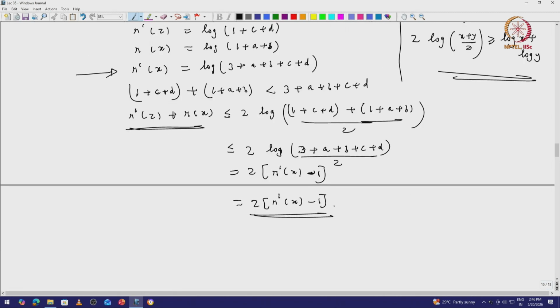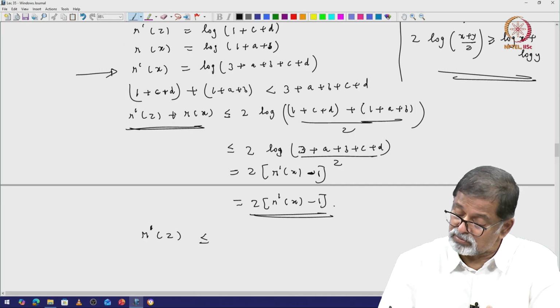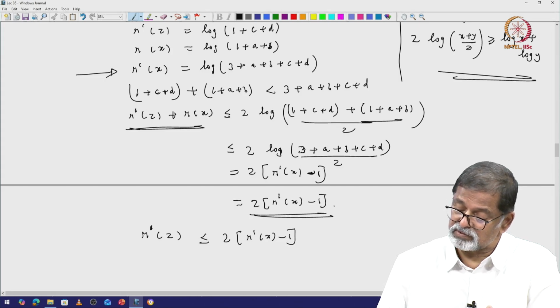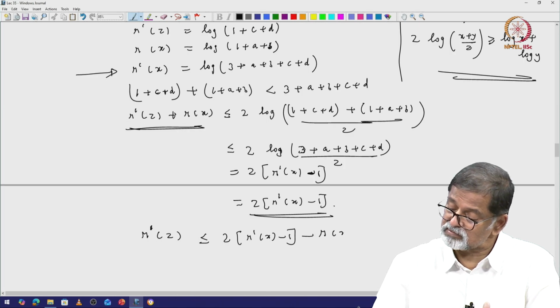I can bring r of x there, therefore r dash of z is less than or equal to 2 times r dash x minus 1, 2 times r dash x minus 1 minus r of x.